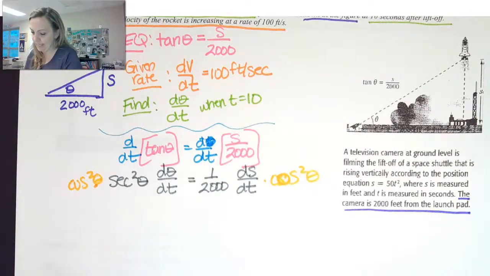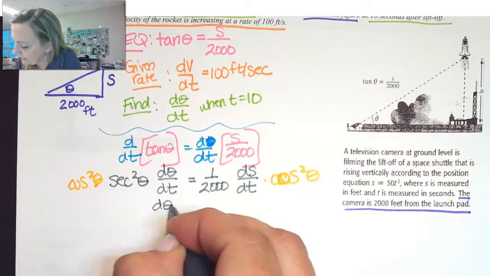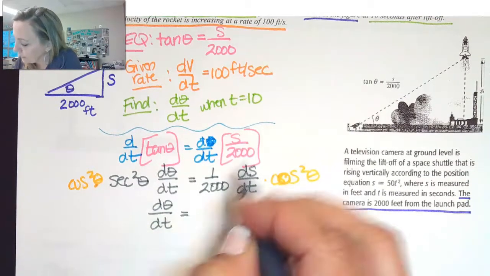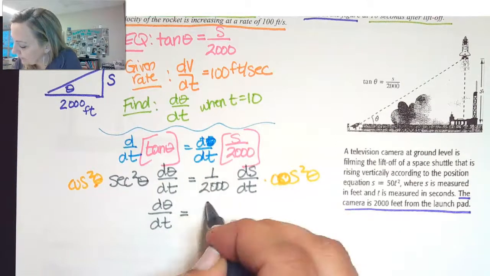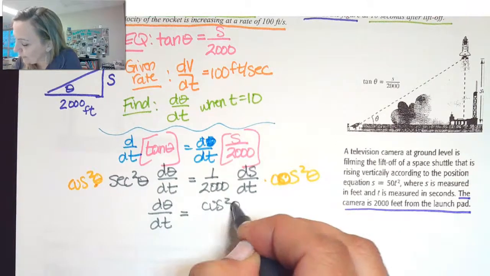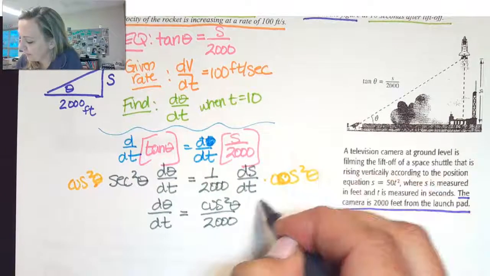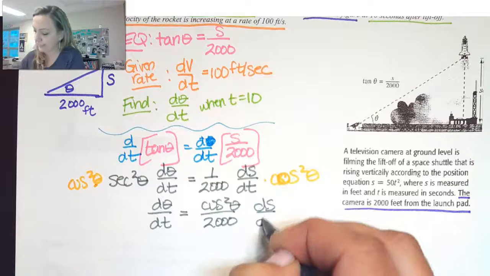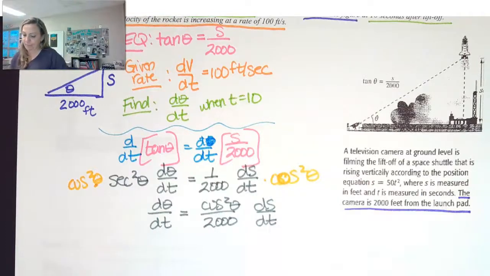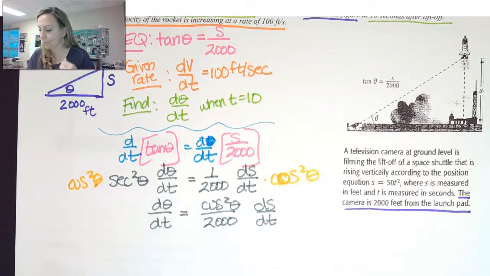That would give me that d theta dt equals cosine squared theta over 2,000, or you could put 1/2000 cosine squared theta ds dt.